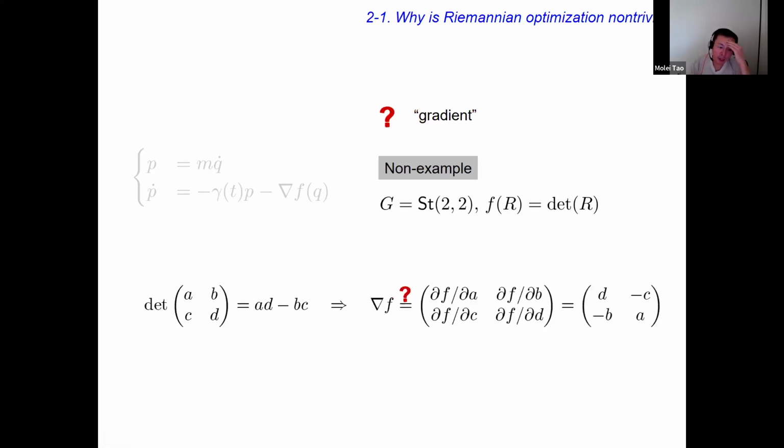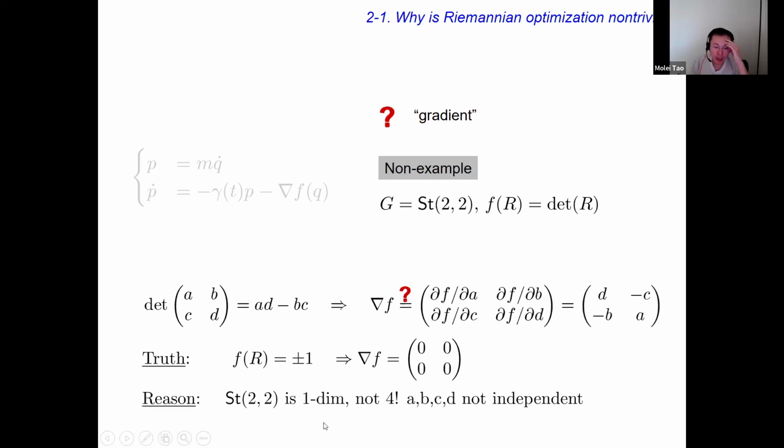A careless person would say, great, you just compute the determinant, you collect all the partial derivatives, and that's your gradient. That's wrong. For orthogonal matrices, the determinant is always either +1 or -1, and on each connected branch it's the same constant, a single sign. So you feel like the gradient should really be 0. So what is the contradiction?